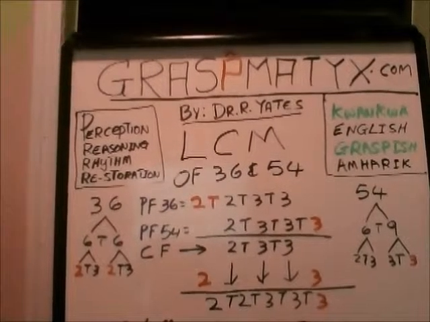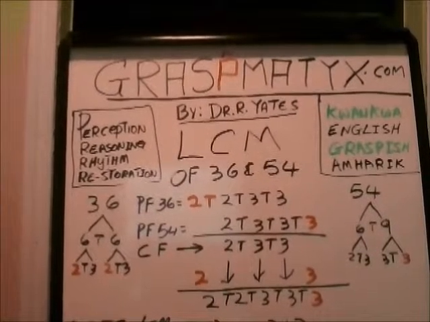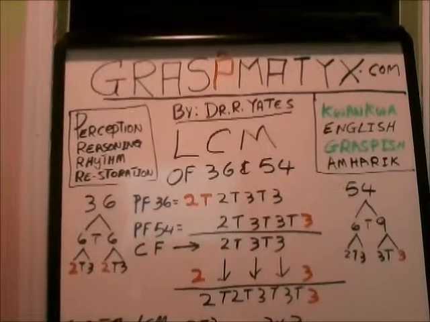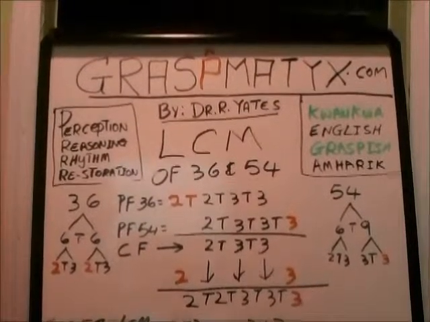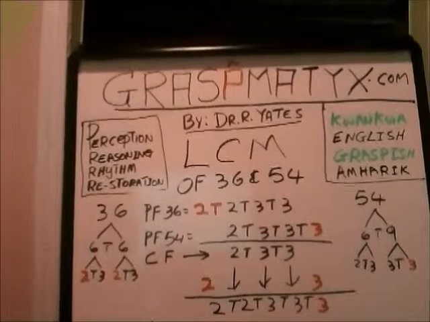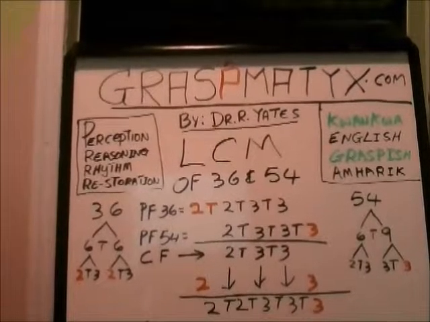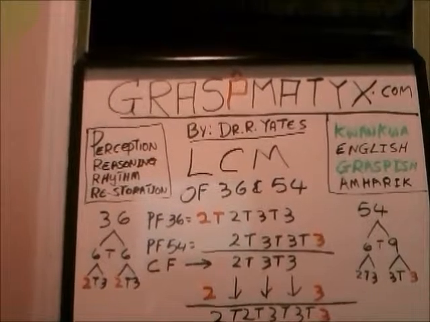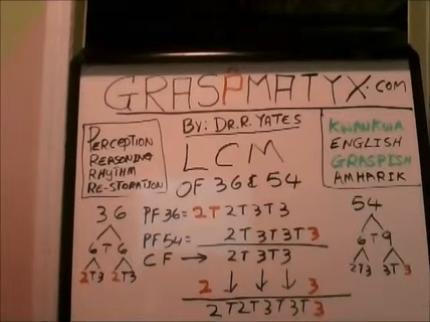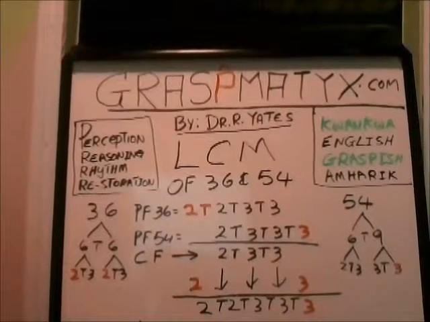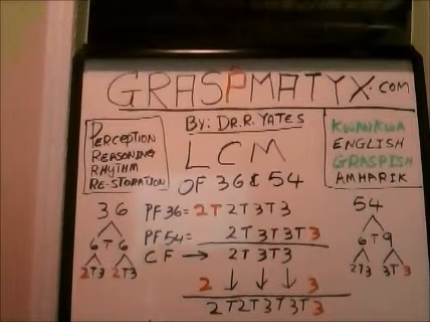On the right side of the screen you notice it says in the box the word Kwankwa. Kwankwa is the Amharic word for language. Now, this math, Grassmatics, is taught in 3 major languages: English, Graspish, and Amharic.